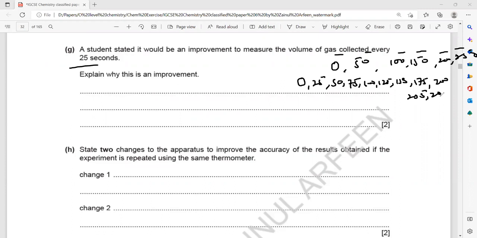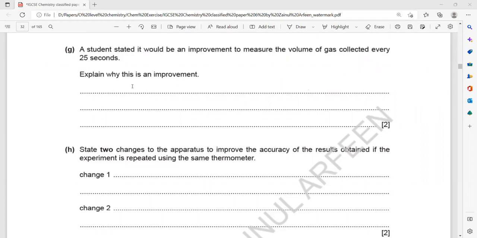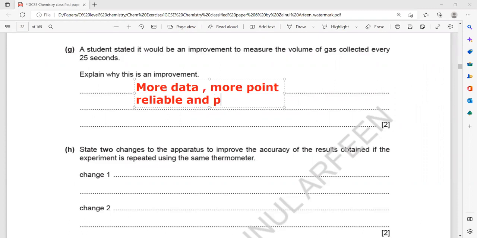So more points will be there. And whenever you're plotting a graph, what is the advantage of more data or more points? It will be reliable, and we can plot a better graph as more points are there.